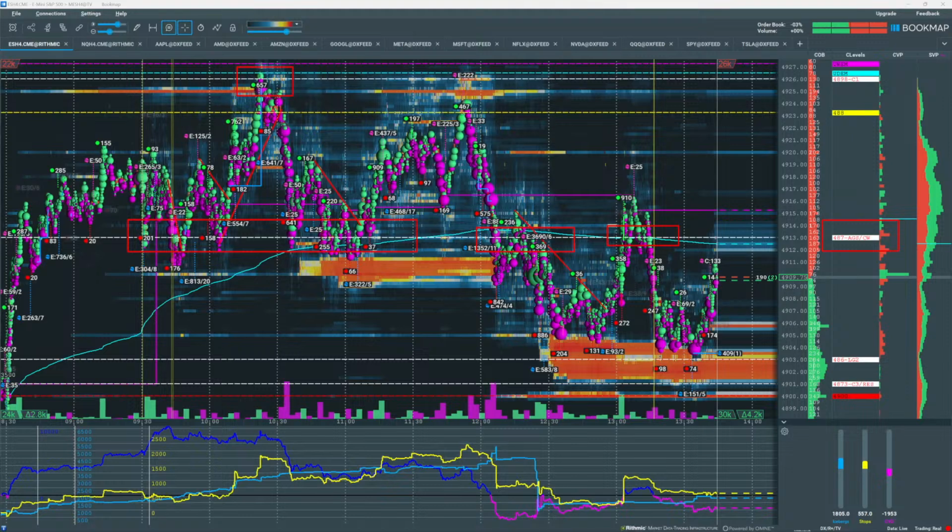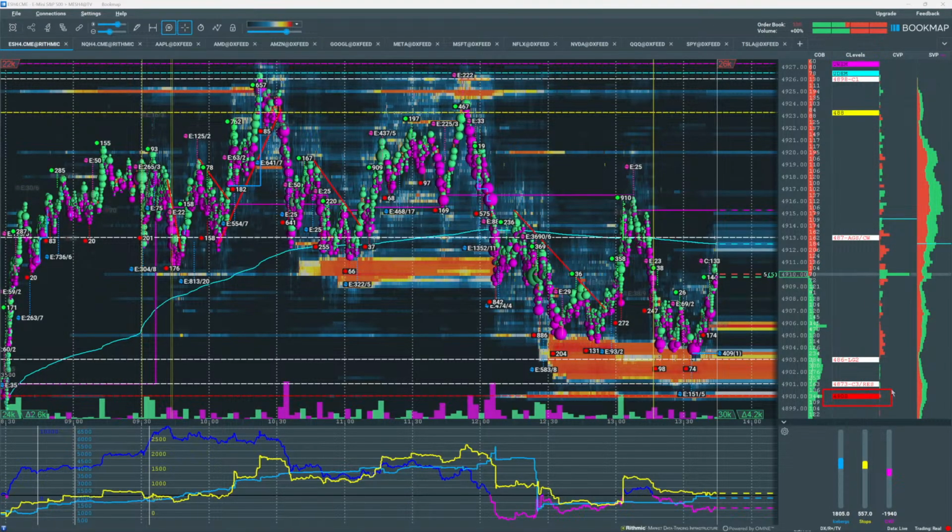Note the point of control is just above that 487 level. So I have SPX levels, SPY levels, and also key levels for ES, shown in red there. That's ES 4900, and here's the upper daily and weekly expected move for ES.